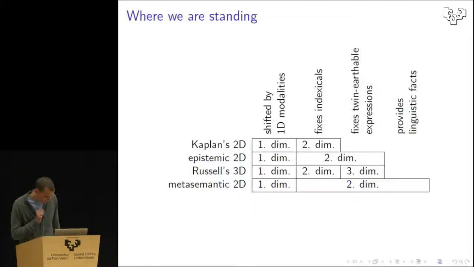Now there's one thing. When Stalnaker presents this system, what he would like to say is that on the metasemantic interpretation, the context captures the dependence of meanings on the facts which hold in a context. But in a paper where he explains this interpretation, he noticed that this is a bit strange, because that will force us to take meanings to be just one-dimensional intensions, just contents, or what is said.